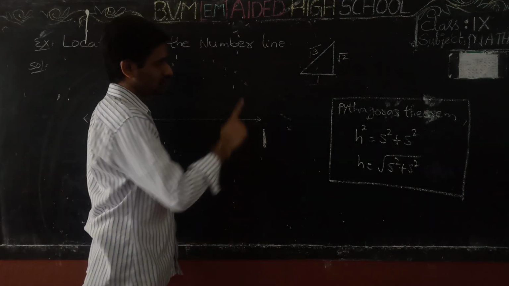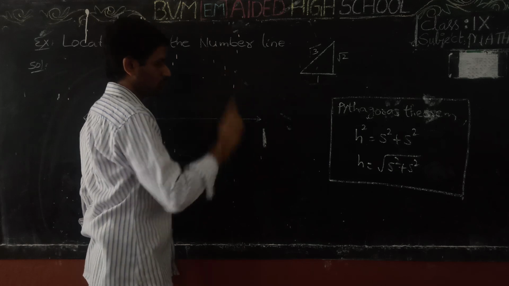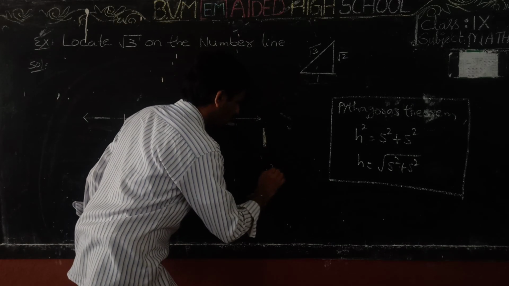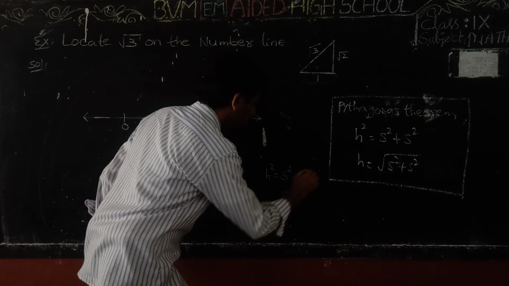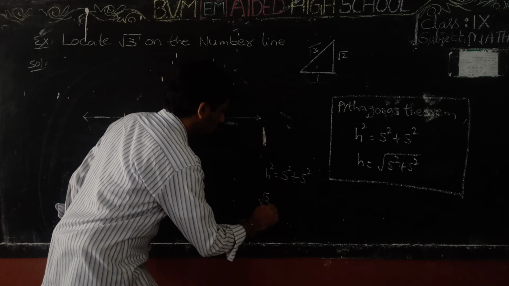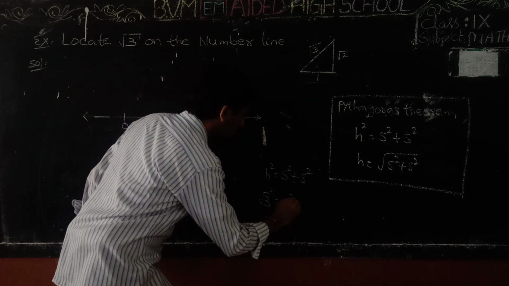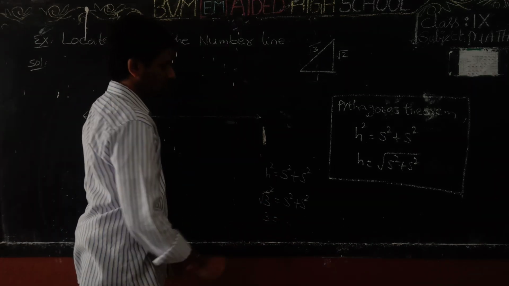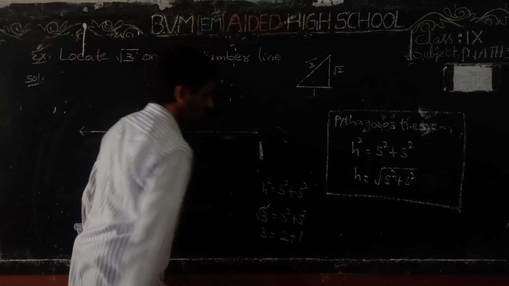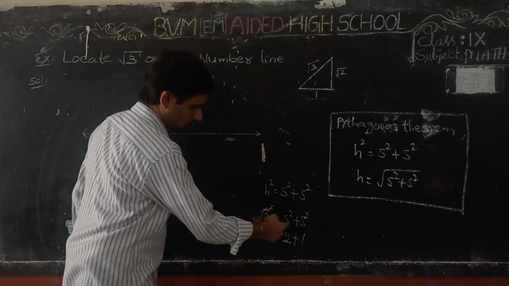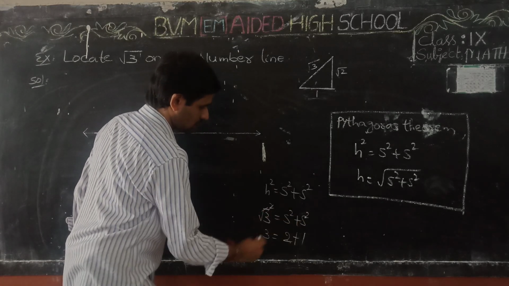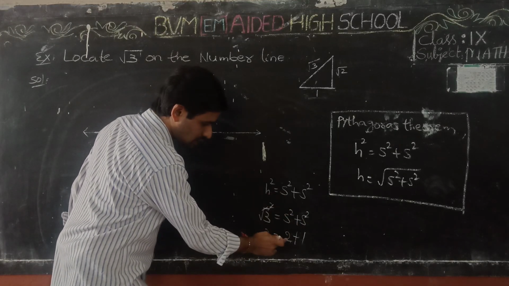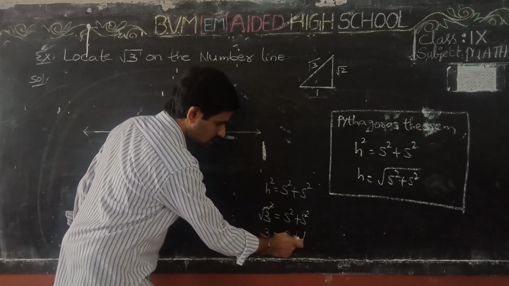How do we know this base as 1 and height as root 2? Hypotenuse square equal to side square plus side square. Here hypotenuse is root 3, square equal to side square plus side square. Root 3 square means 3. 3 means 2 plus 1, 3. Here square of the side is 2, square of another side is 1.